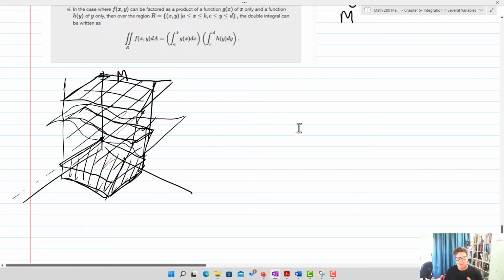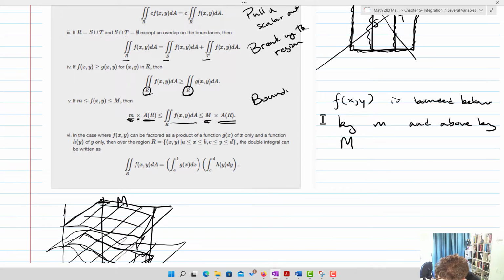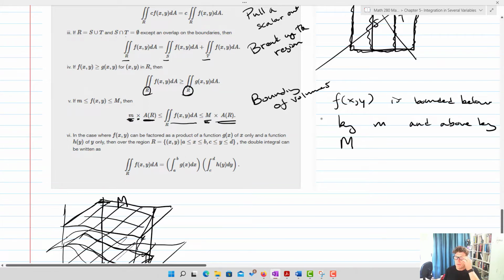So basically all this is doing is saying we can bound the volumes. So this is bounding of volumes. And that's going to actually come in pretty handy from a theoretical perspective as well.